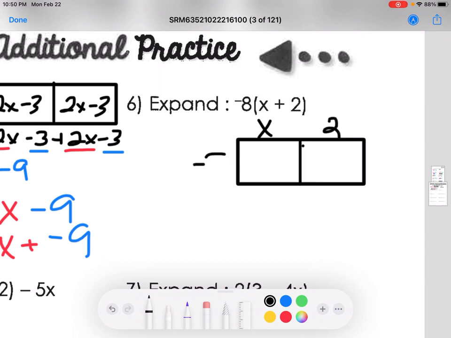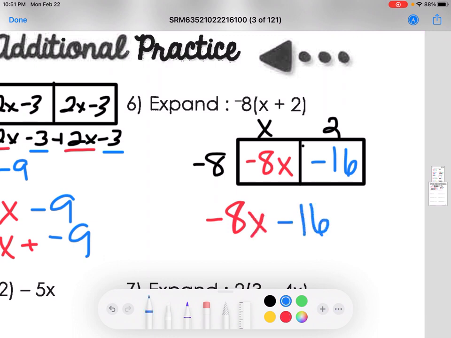And I'm multiplying negative 8 by each of those. So negative 8 times x would be negative 8x. And negative 8 times 2 would be negative 16. So my expanded expression would be negative 8x minus 16.